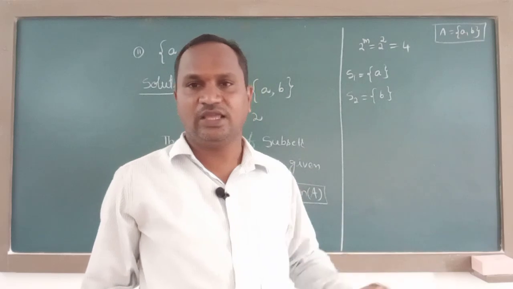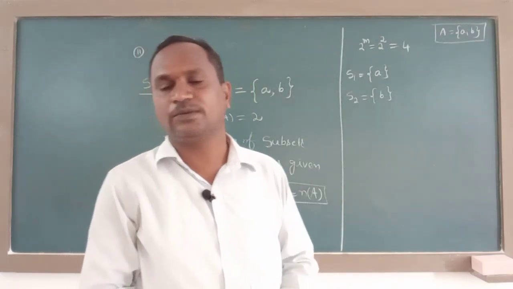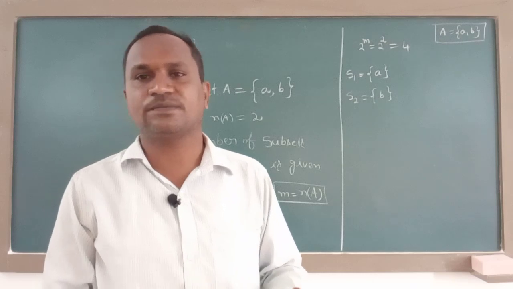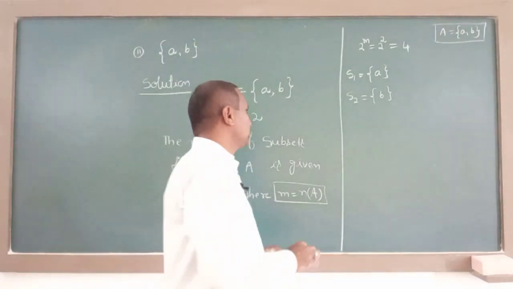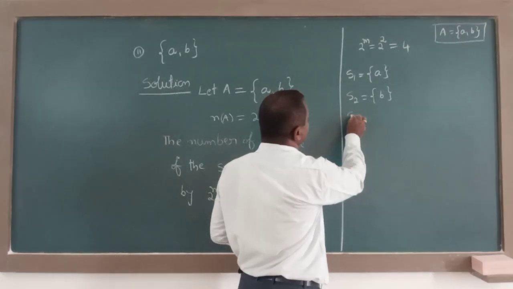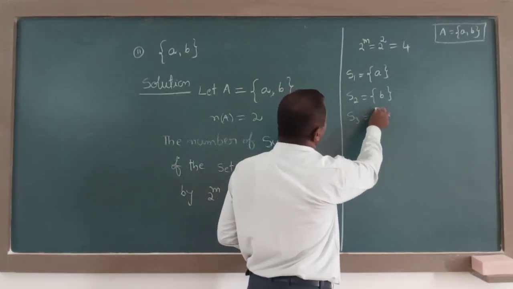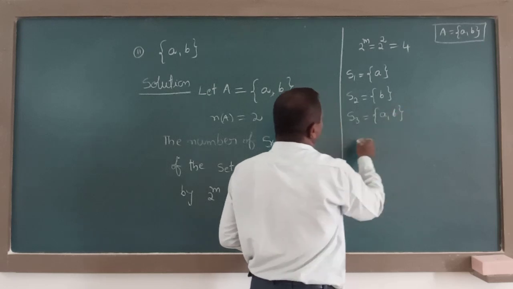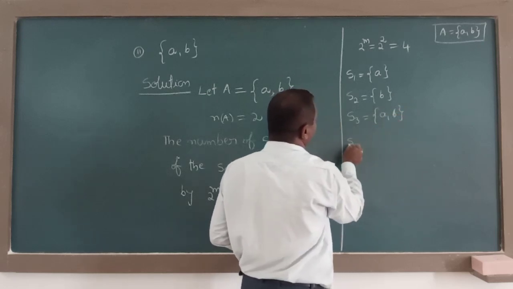That is what we already knew from the important points in the note on subsets. Every set is a subset of itself. That is what we can write: S3 is equal to the set of elements A comma B. Next, the last one is S4.